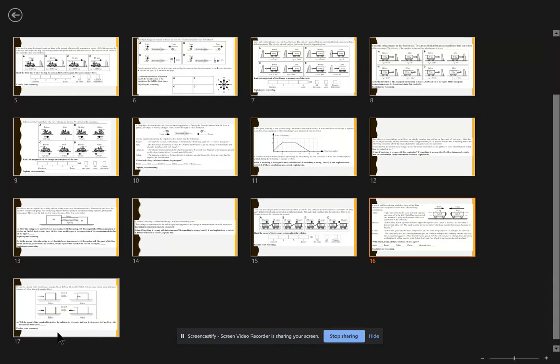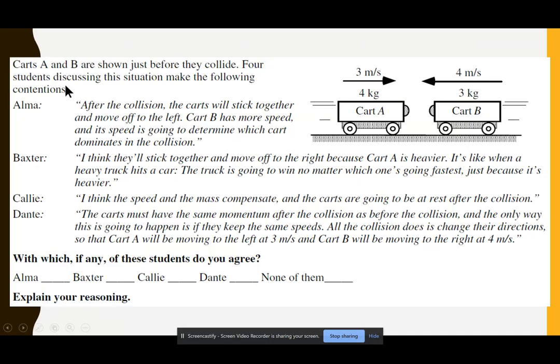How many more do we got? 2 more to do. So again, it's dealing with the collision part and asking which ones are true for the students' situation of the following. After the collision, the carts will stick together and move to the left. They will stick together, going to be at rest. Must have the same motion after the collision.